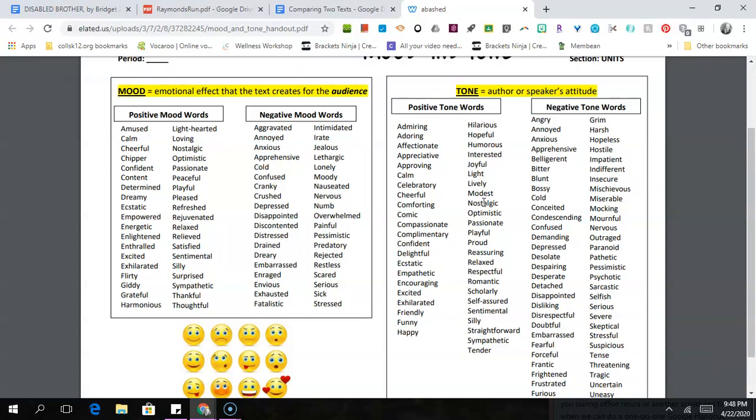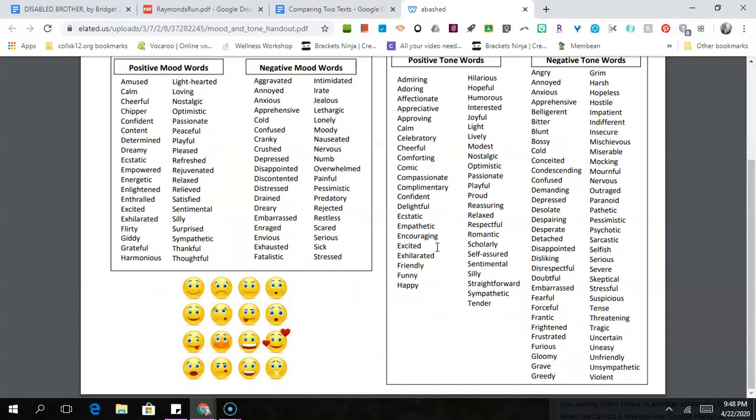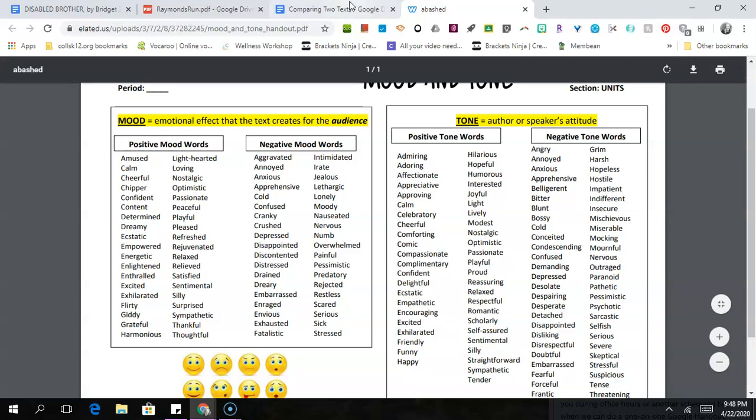So maybe the poem is nostalgic, meaning that the tone of the author is kind of remembering fondly the days of before. Or maybe the poem is comforting. Maybe it's confident. So usually this list will have something that you can use, but there might be more than one that works too.